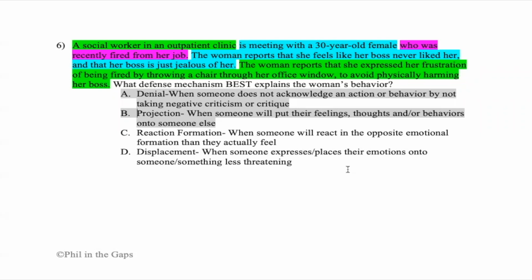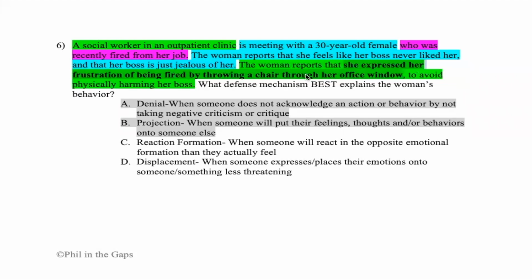She expressed her frustration of being fired by throwing the office chair. So she was frustrated and threw the chair, and the purpose was to avoid physically harming the boss.